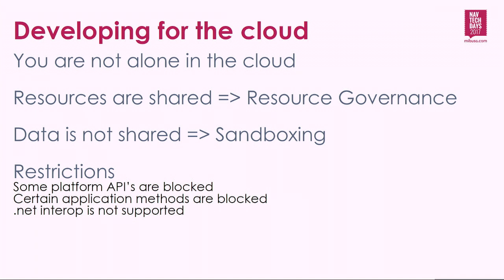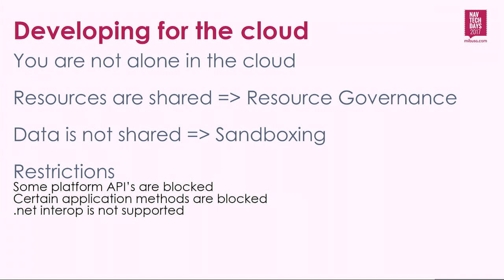So we took away some of the platform APIs, and all of you who have tried to work with VS Code noticed that for extensions there's certain things which are not allowed. For instance, the file APIs. We had to take them away because the file system on the service is a place where you can actually bring down a server.